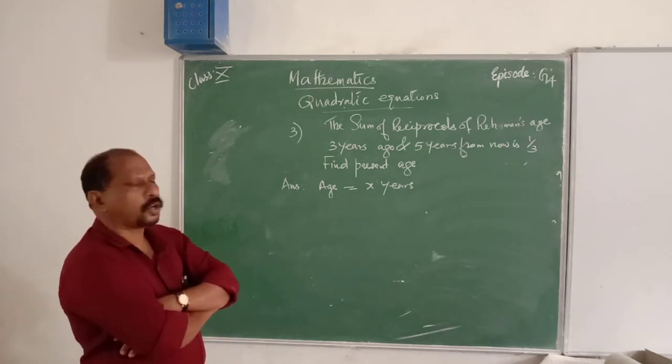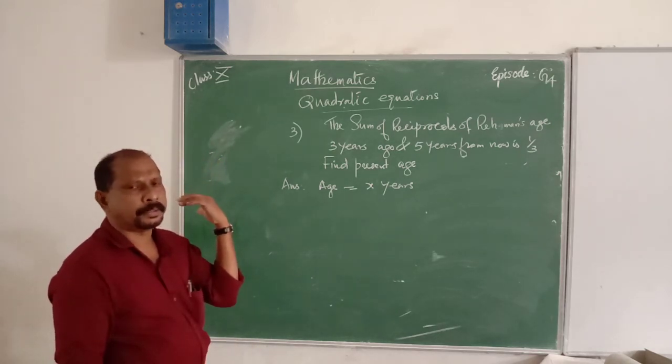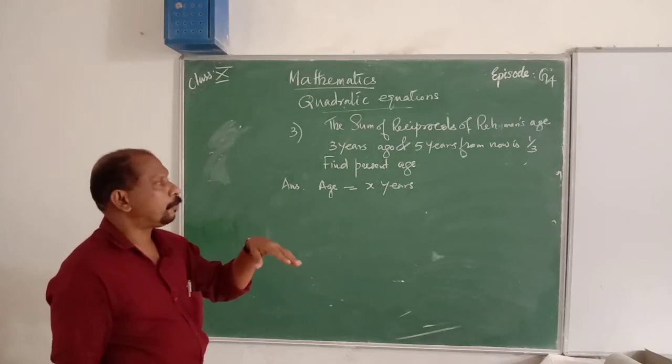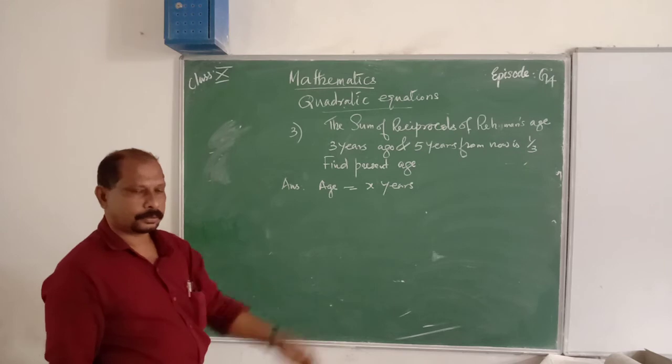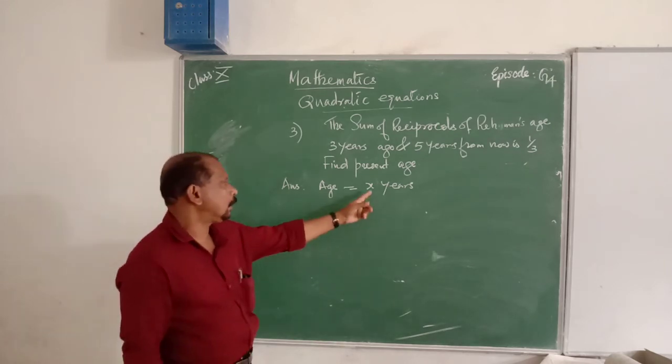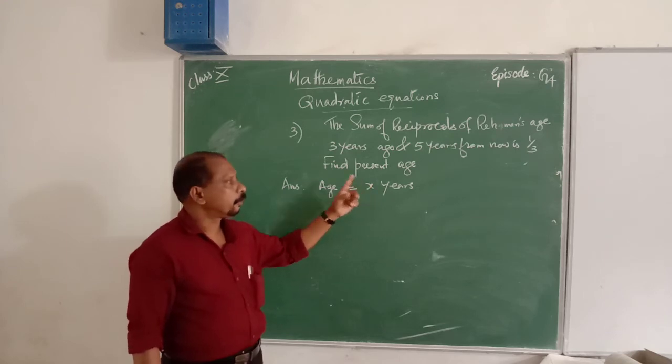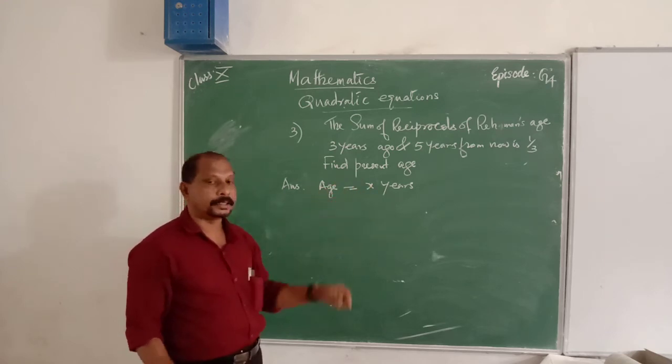3 years ago means the previous year, and 3 years from now means the future year. Therefore, 3 years ago the age is x minus 3, and 5 years from now the age is x plus 5.